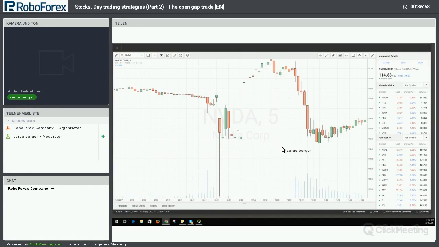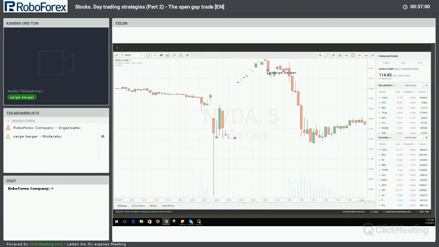But if you would imagine here, if you would have done this trade in NVIDIA today, you would have been able to make, let me see if I can find the right tool to measure this. I forget where the percentage measuring tool is. But anyway, if you would have played this correctly, I would imagine you could have shorted the stock around $119 and covered it in a full gap, maybe close to 114.